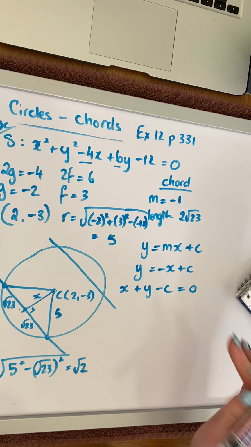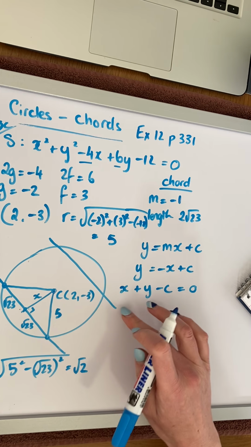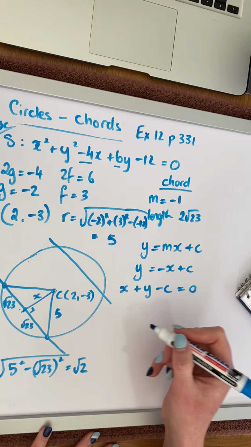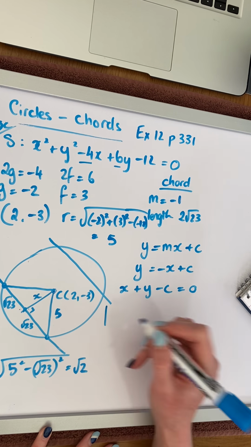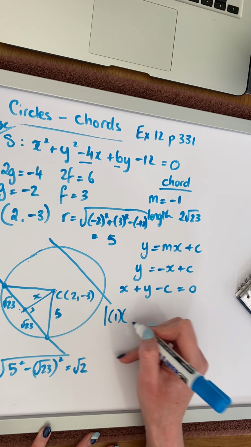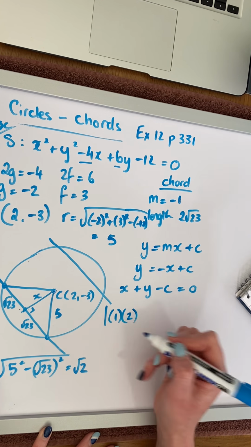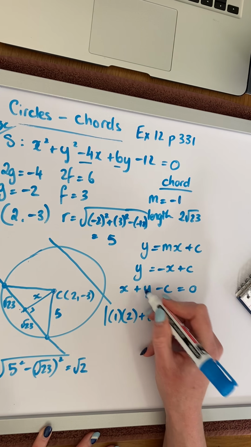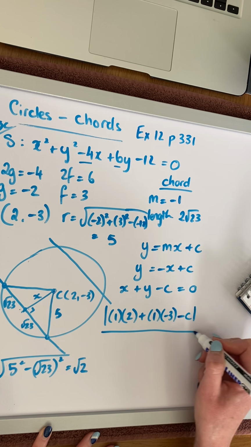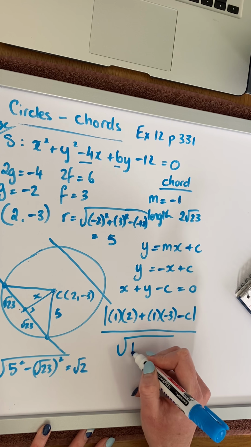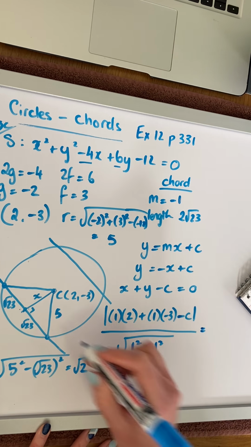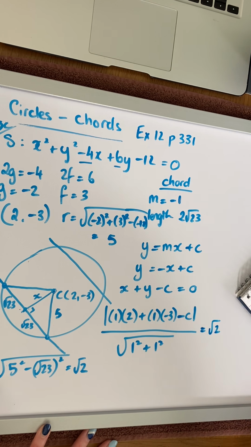Now that we have a basic equation, this equation here can represent both of them depending on the value of c, so c is the value that we're missing. The perpendicular distance formula then is going to be the absolute value of a, which is the coefficient of x, so 1 times our center's x coordinate, which is 2, plus 1 times -3 minus c, all over the square root of a squared plus b squared, which in this case is 1 squared plus 1 squared, and that is equal to the perpendicular distance between the center and the chord, which is the square root of 2.